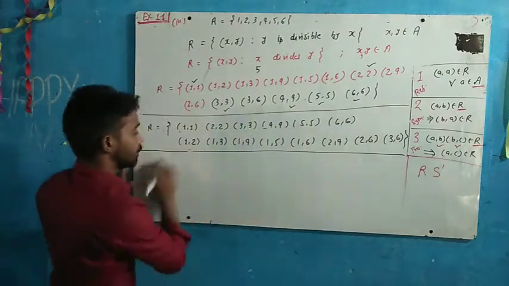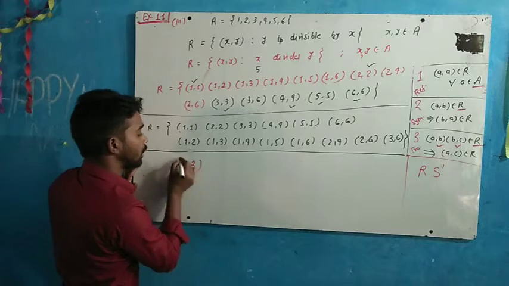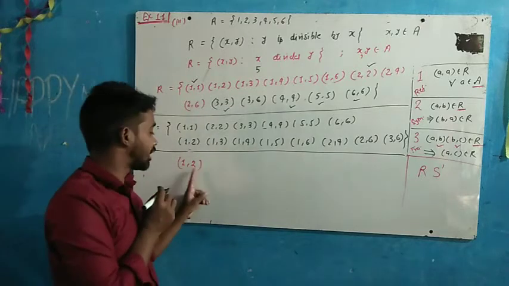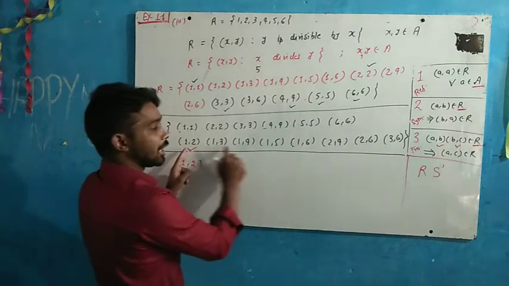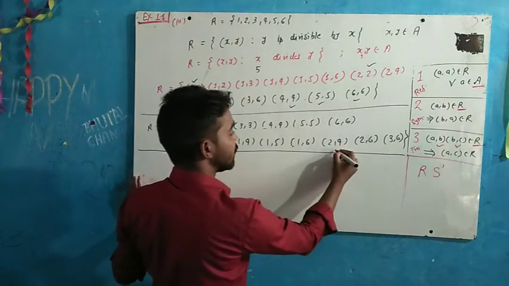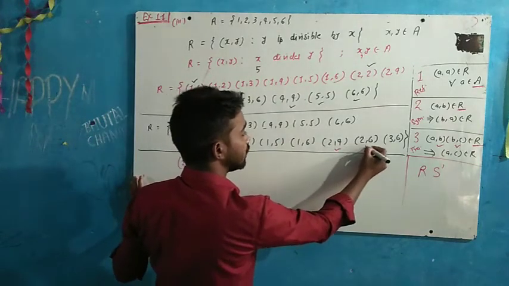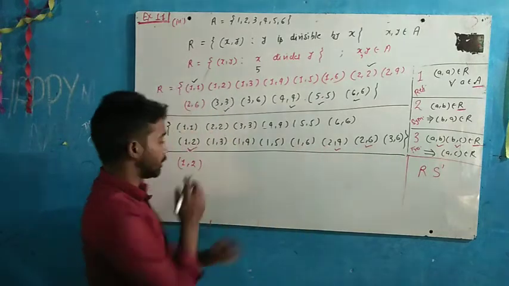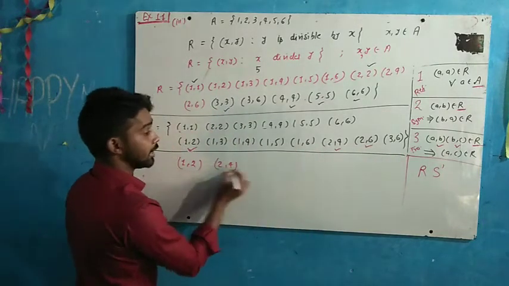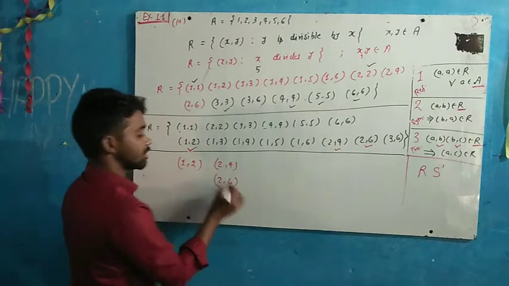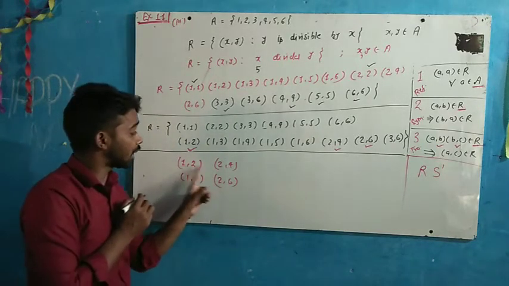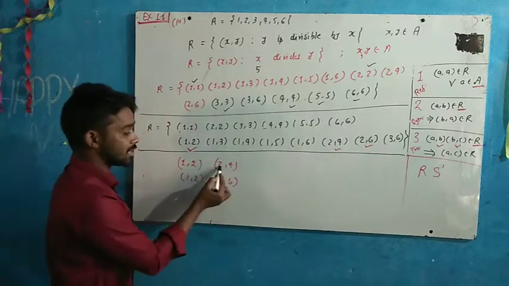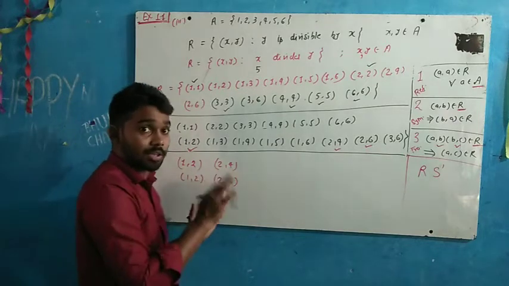Clear? See, (1,2). With (1,2), take that ordered pair which starts from 2. Just make it fixed. So how many ordered pairs are there? I have seen this starts from 2, this starts from 2, no more. It means (2,4) and the next case is (2,6). Clear? So what this implies: when you have taken (1,2) with (2,4), the 2s cancel, just for your convenience.